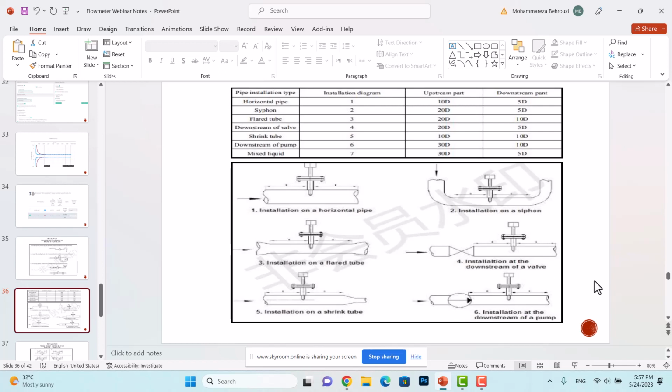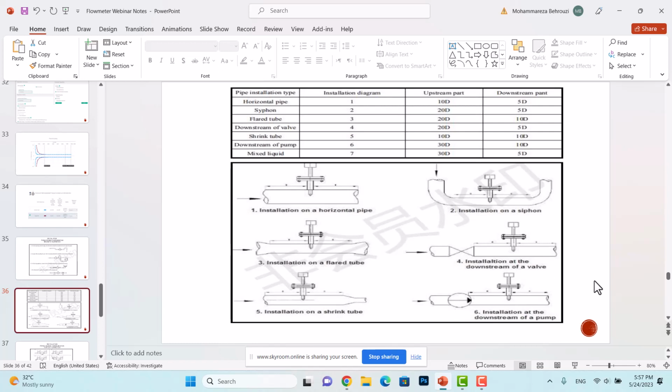What is installation run? It means the distance between the downstream or upstream equipment and that flow meter, in order to avoid any velocity disturbance, in order to avoid any turbulent situations.